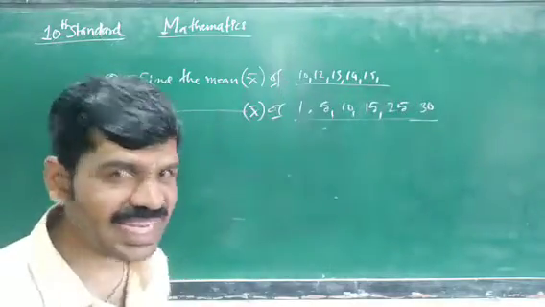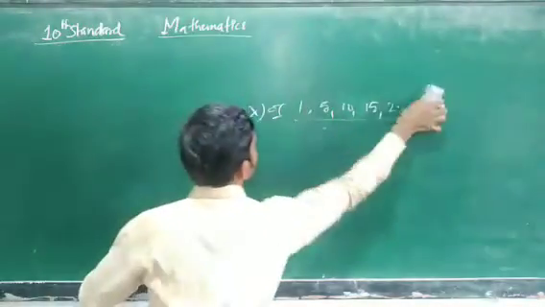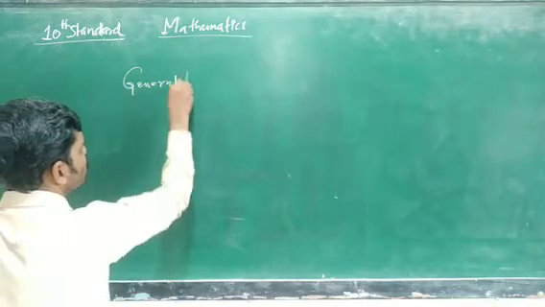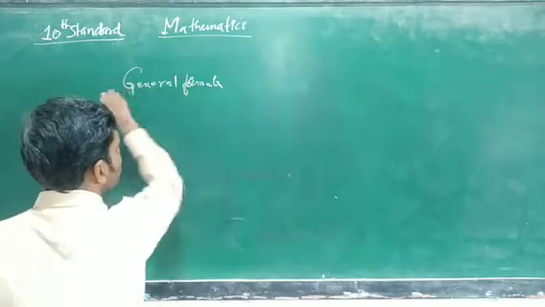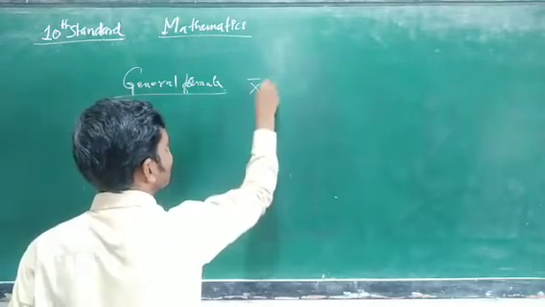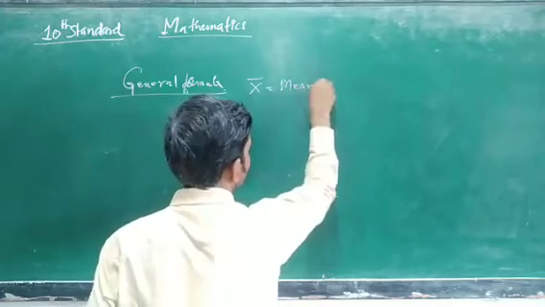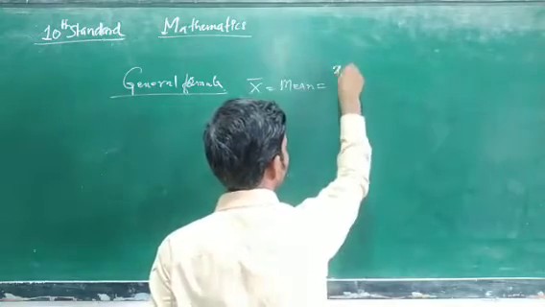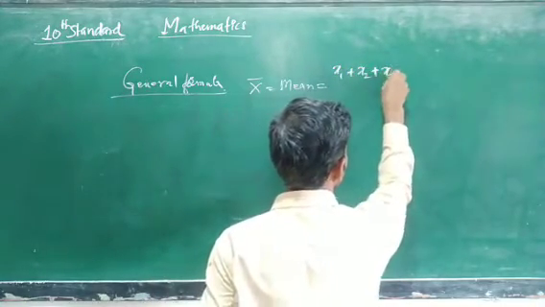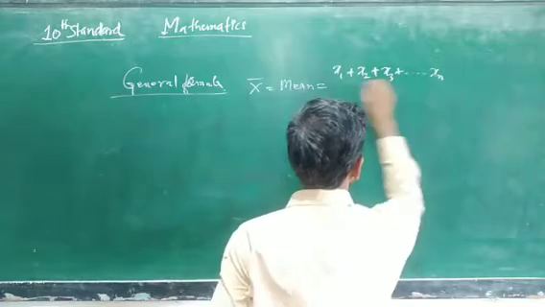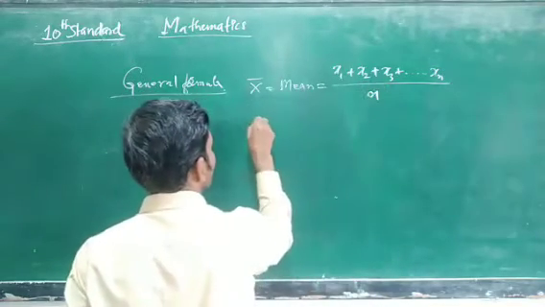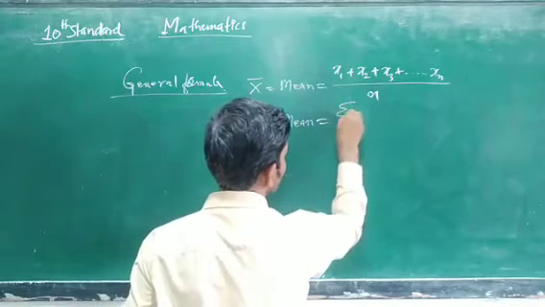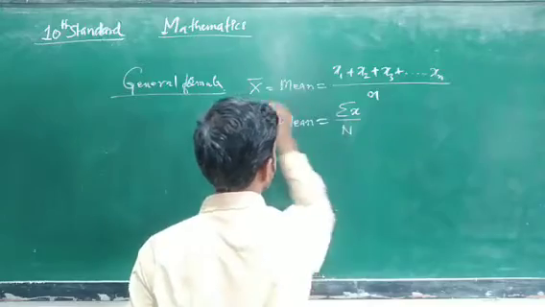And now let us find out the general formula for the mean. Mean is equal to summation of x, or x1 plus x2 plus x3 up to xn, divided by n; or mean is equal to summation of x divided by n.